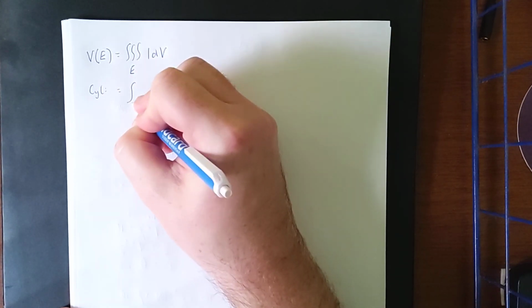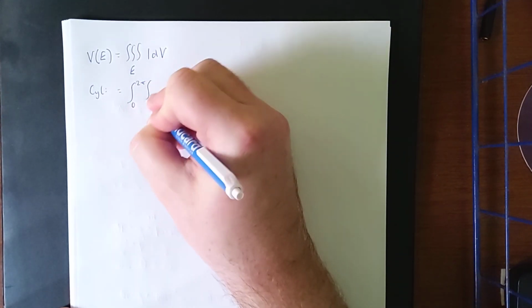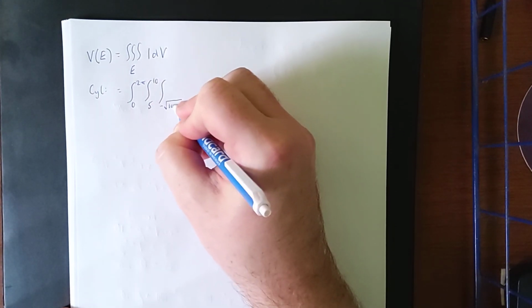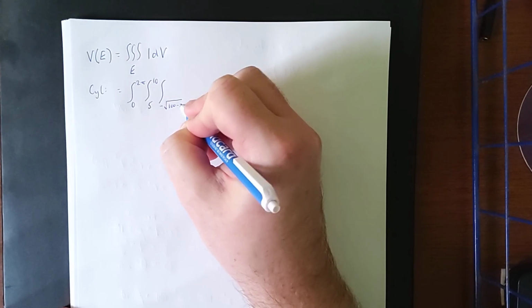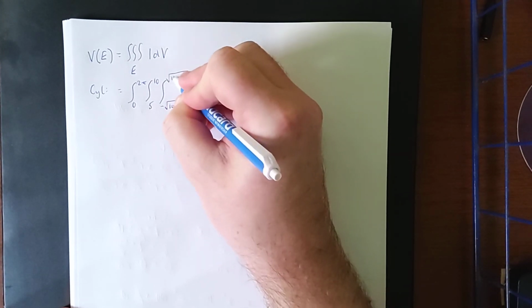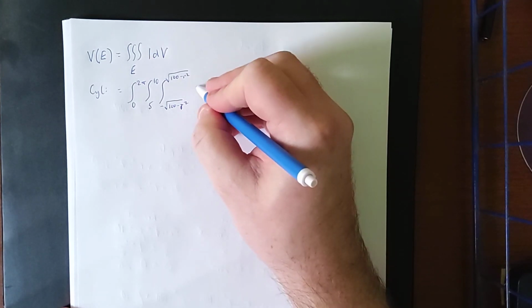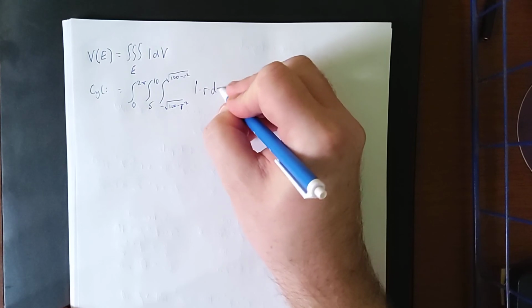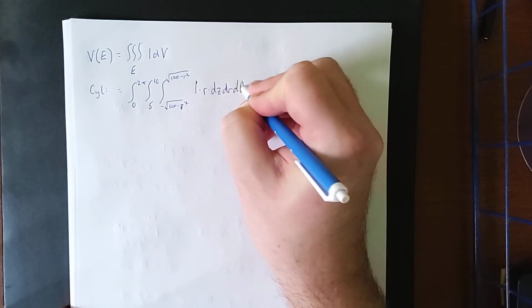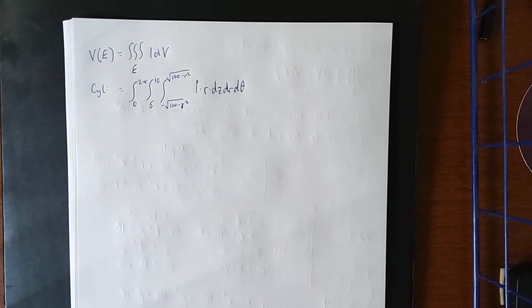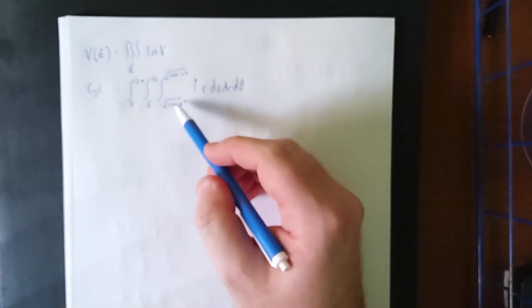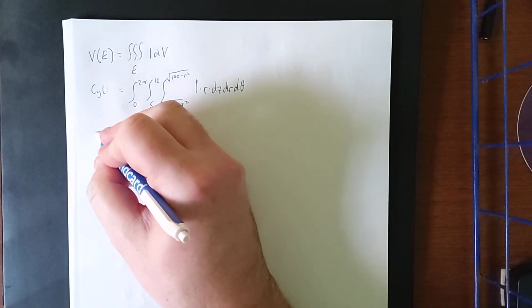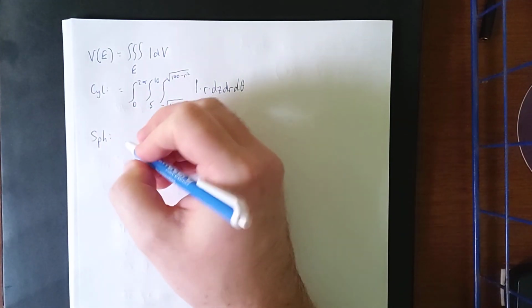This is going to be equal to the integral from 0 to 2 pi, from 5 to 10, and from the negative square root of 100 minus r squared to the positive square root of 100 minus r squared of 1, and then dV in cylindrical would be r dz dr d theta. Now, first integral is usually the most straightforward. We'll just wind up with a couple of radicals in here, and then I think a u substitution right after that would be appropriate.